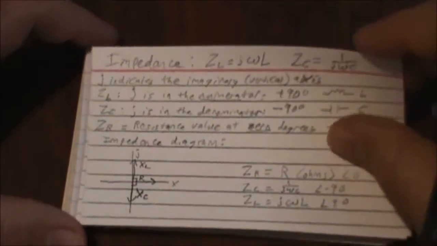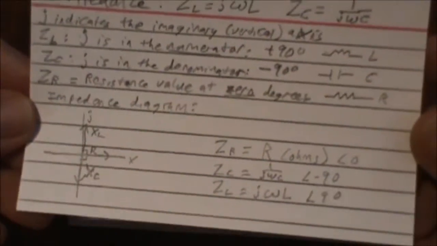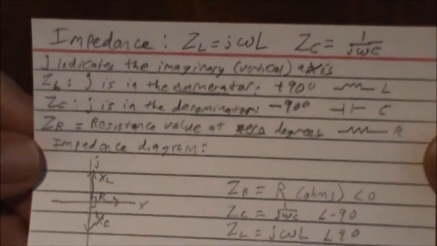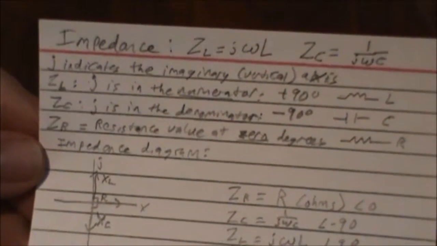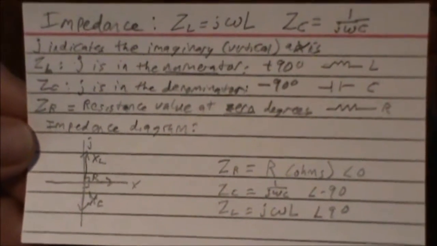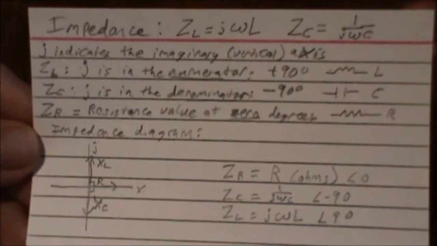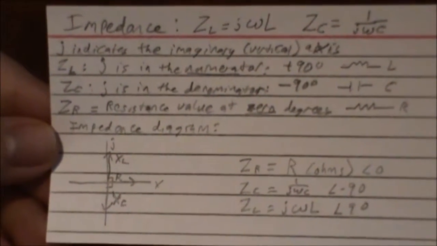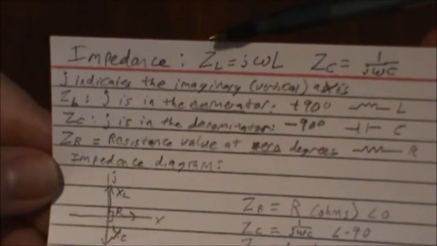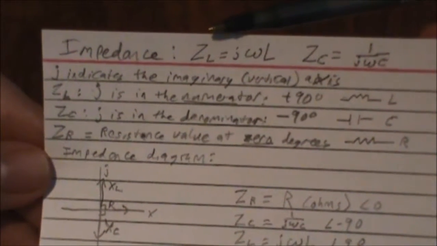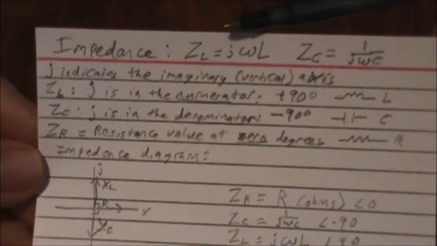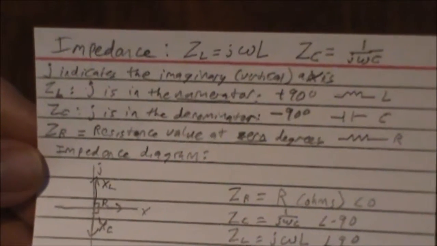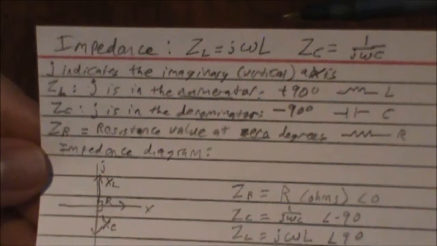Now, we did touch briefly on impedance just now. Let's go a little bit more over that. So impedance, Z, is like the AC version of resistance. It has both magnitude and angle. Z sub L, the impedance of an inductor, has a j, indicating it's on the vertical axis with our complex algebra.